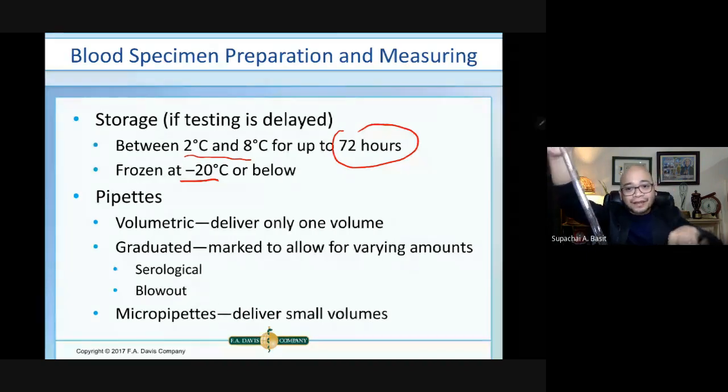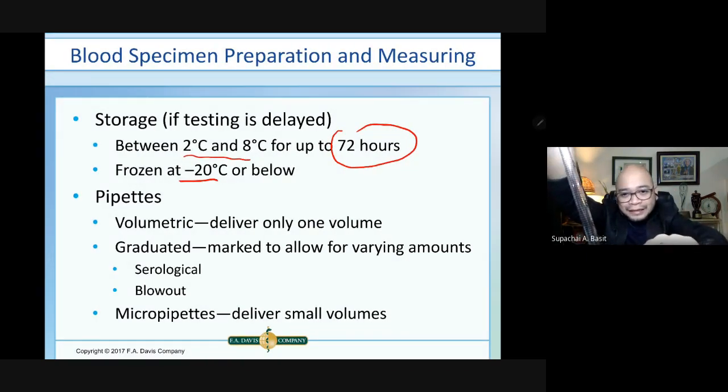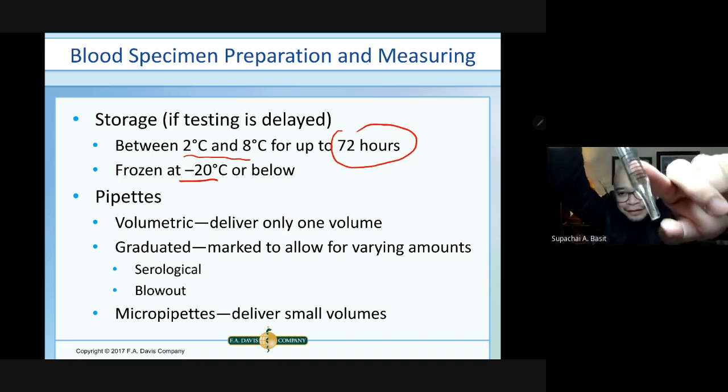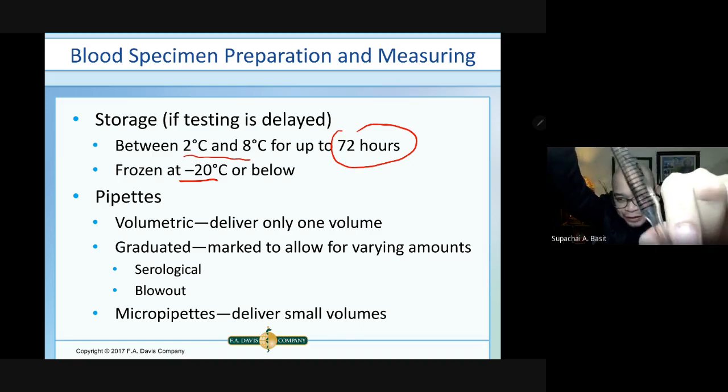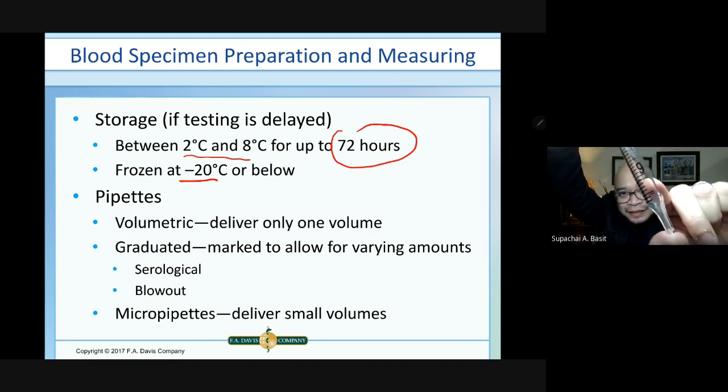For example, it says here 9 ml, meaning from this mark up to the edge, that will be the 10th ml.